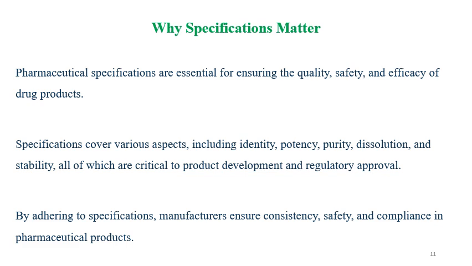Whenever a change in the specifications is required, a lot of data must be generated and presented so that the specification can be justified. By adhering to specifications, manufacturers ensure consistency, safety and compliance in pharmaceutical products.